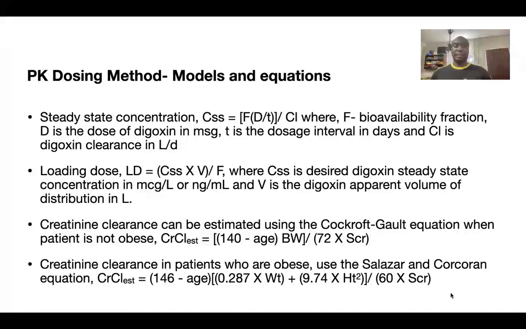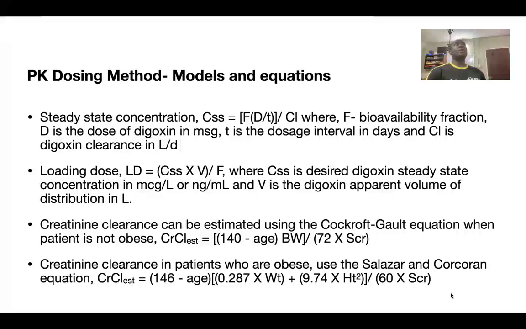You can also look at the loading dose as the steady state concentration times the apparent volume of distribution of digoxin in that patient, divided by the bioavailability fraction. Of course, if you're administering the loading dose as, for example, a bolus injection, your F will be 1, because all of your dose goes into the central system at once.